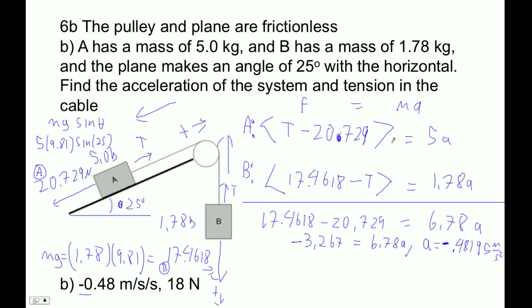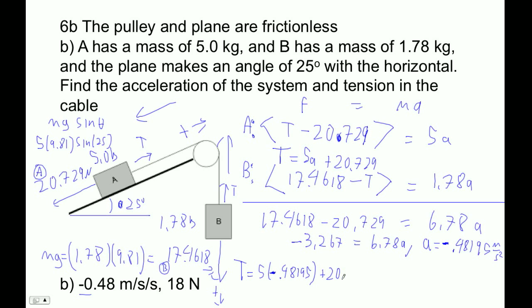Now we'll still find our tension the same way, right? So we're going to take this formula here, right, and go tension equals 5A plus 20.729, right? So the tension is 5A, so 5 times negative 0.48195. You got to put the negative in there. You got to keep it in there, right? Once you get the negative, there it is, right?